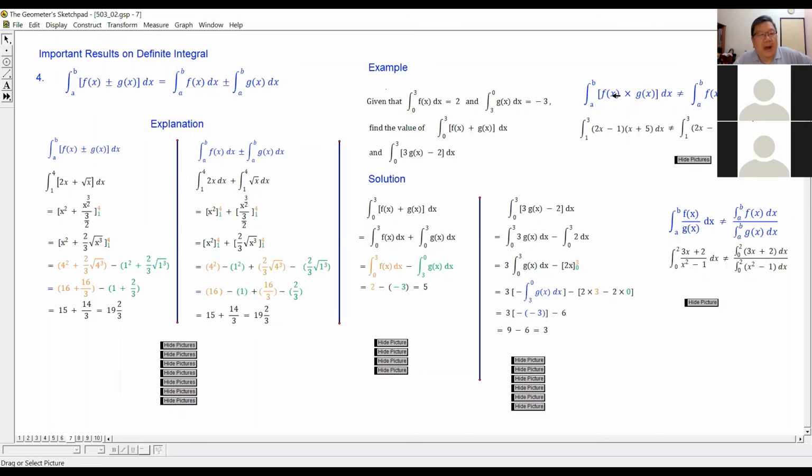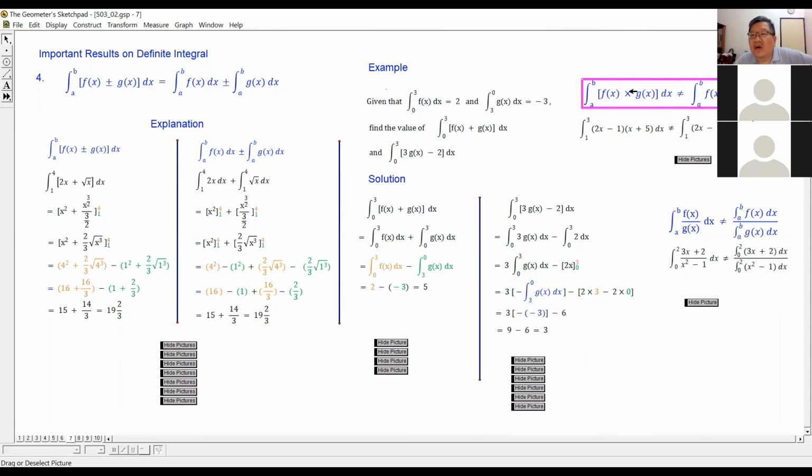What I'm trying to tell you here is, in our definite integral, we say that the integral of f(x) plus g(x) is the same as integrating f(x), then integrating g(x), the sum of them.